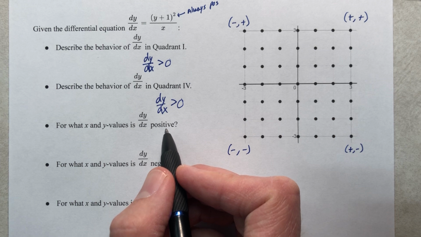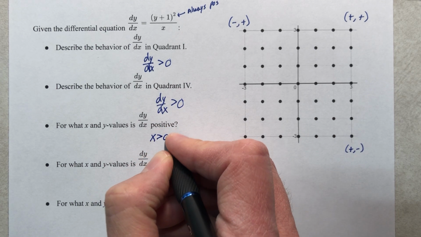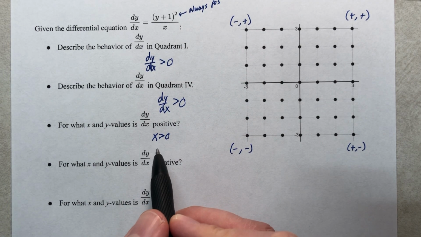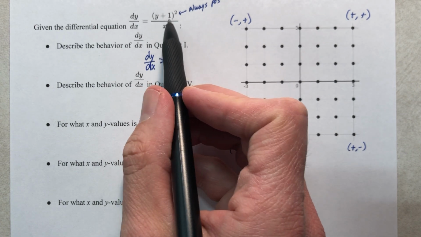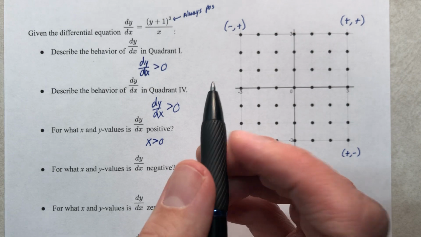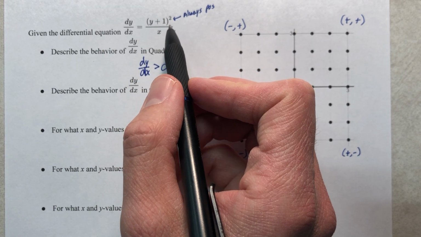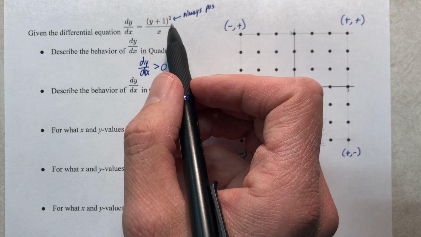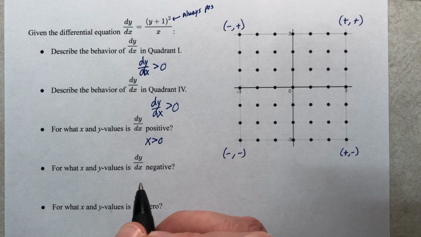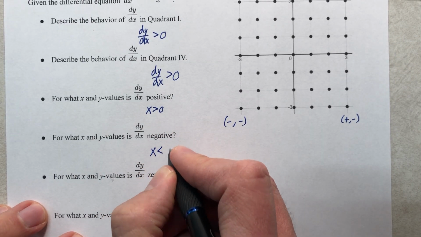So, no. We need the denominator, which is x, to be positive. So for what x and y values, y doesn't matter. Based on what we see in the numerator, that the numerator is always positive, we are never, ever going to have a negative numerator, and positive denominator under a positive numerator makes it positive. So for what x and y values is this negative? Well, if x was negative, there we go.